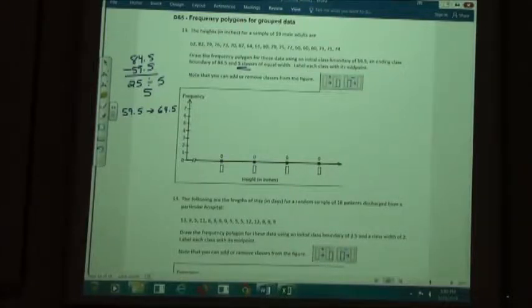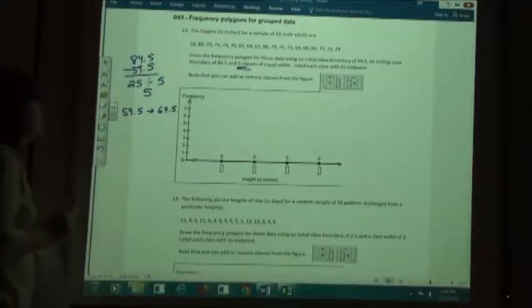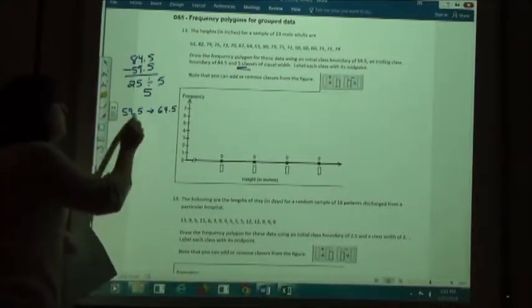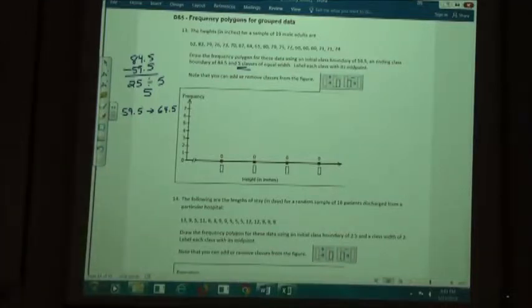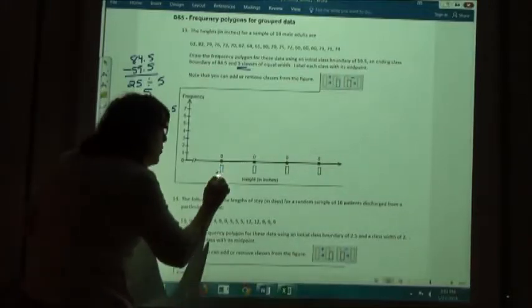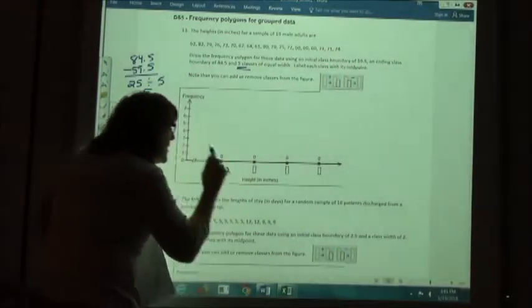That's 62. Now I know that this midpoint is going to be at 62.